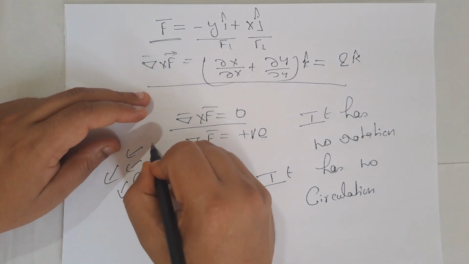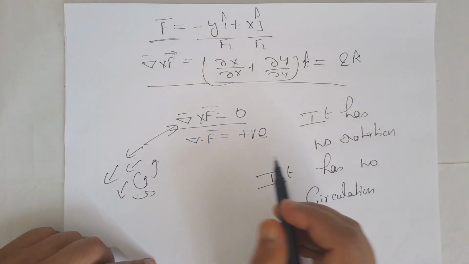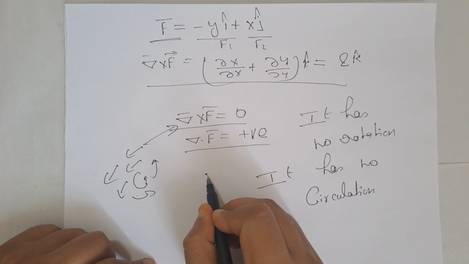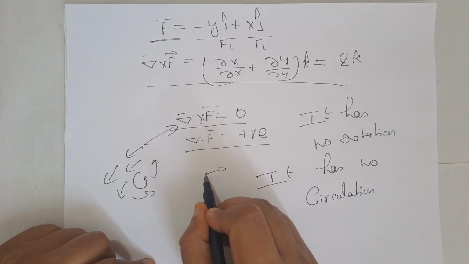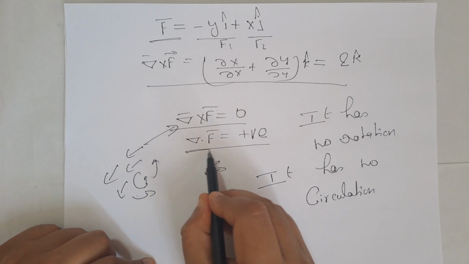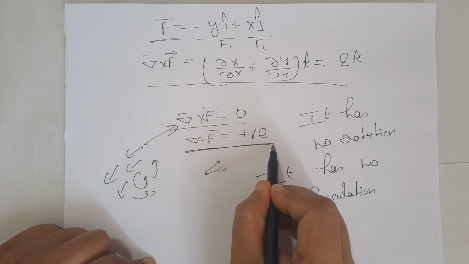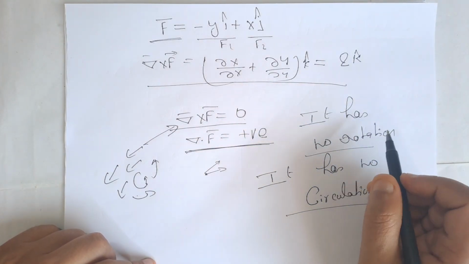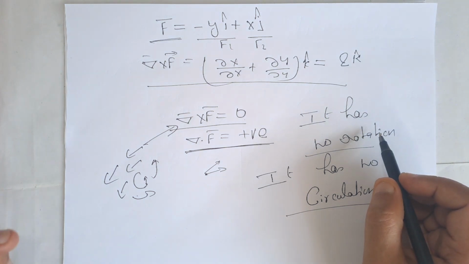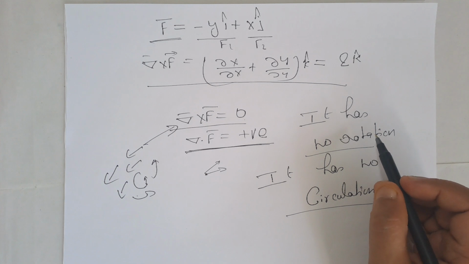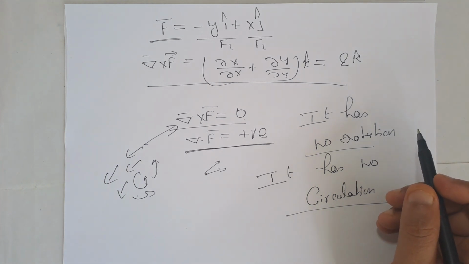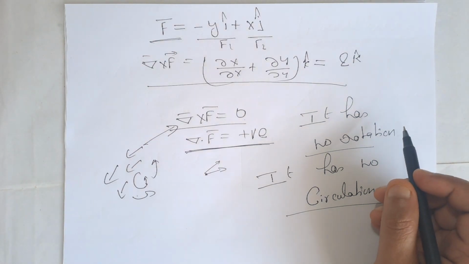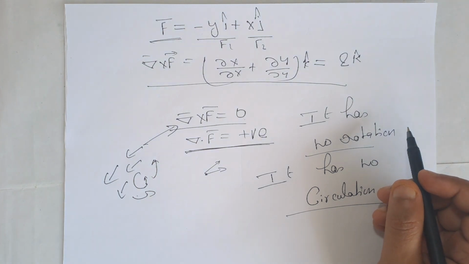Circulation of any vector field is nothing but the curl of the vector field, and divergence is nothing but a measure of the spread of the vector field. So if the spread of the vector field is positive, meaning divergence is positive, but curl is 0, it means it has no circulation or rotation. So we can say that a vector field has positive divergence but 0 curl. So this is the example of the curl of the vector field.